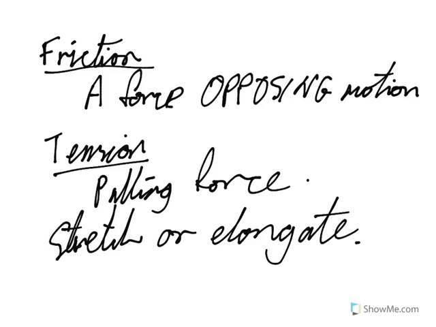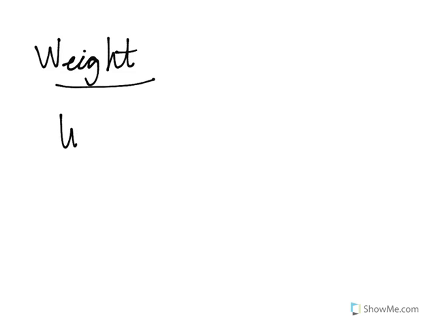The next one in your notes I've already mentioned, we've done it again: weight. Don't know why I've got that twice, but anyway. It's a force by which mass is attracted to the Earth or any other planet. Weight is your mass times the gravitational field strength.